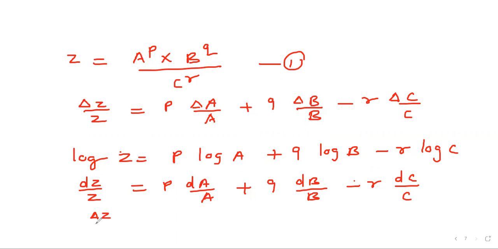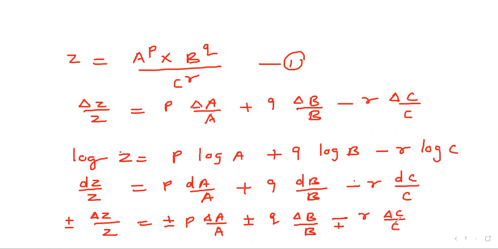So delta Z divided by Z equal to plus minus P delta A upon A plus minus Q delta B upon B minus plus R times delta C upon C. But for maximum permissible error, the signs of each error must be same.